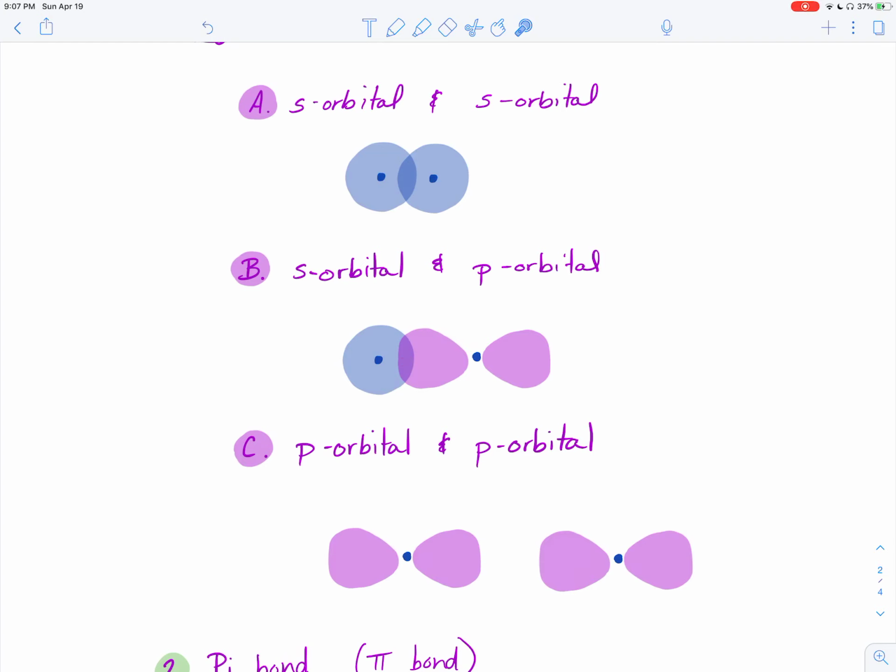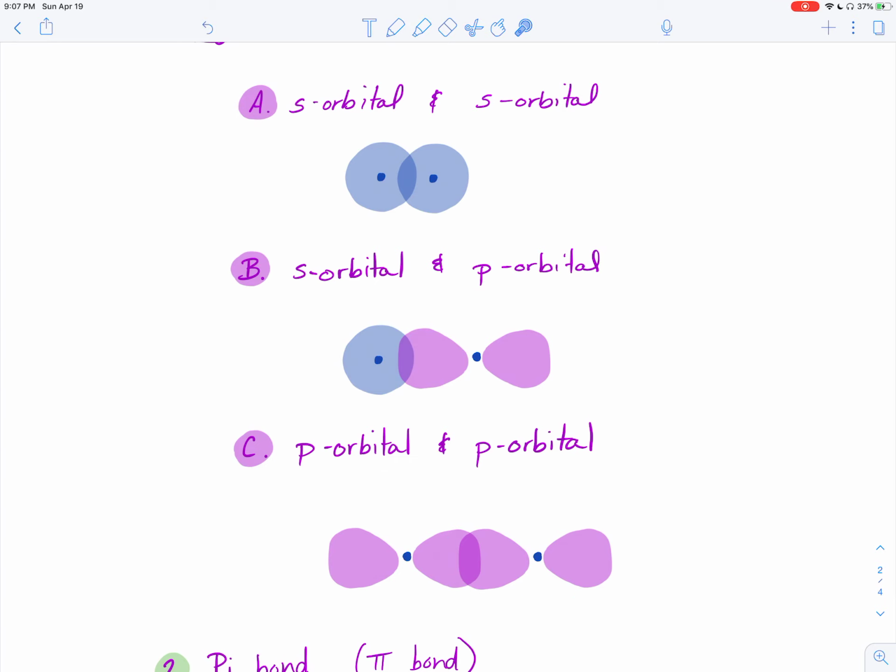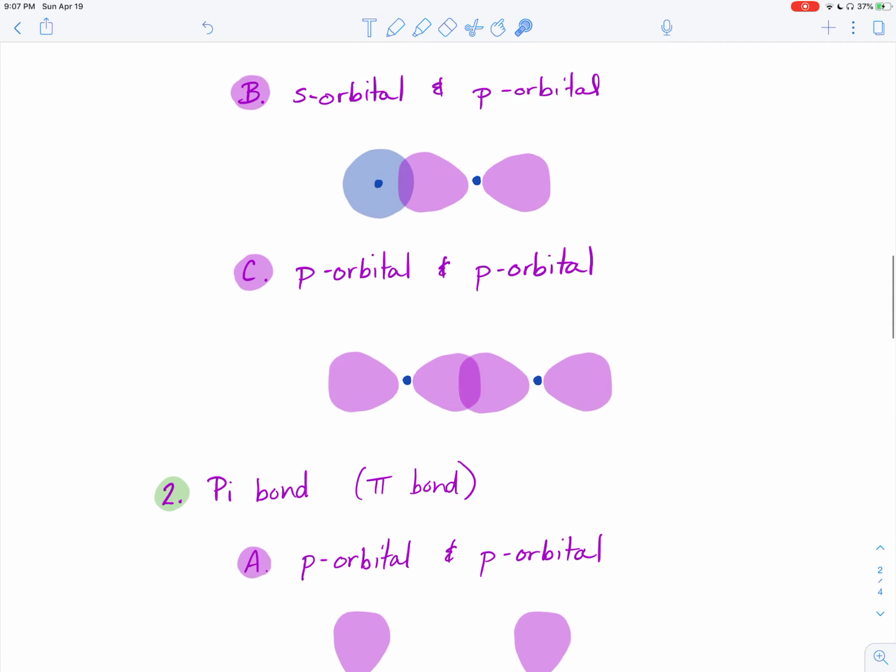And then you could also have a p orbital and a p orbital from two different atoms overlap, and they overlap end on end. So you would move the p orbitals over and they would overlap in the center area right here. And that would be what you would consider a sigma bond.